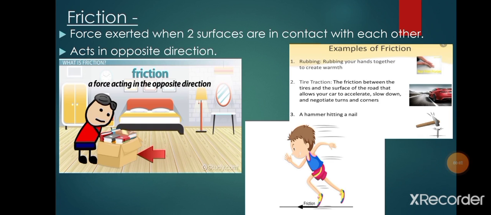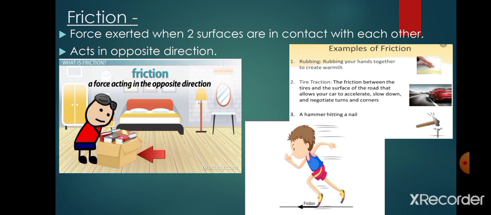Friction. What is friction? Friction is a force exerted when two surfaces are in contact with each other. Friction acts on all moving objects, but the direction of the force of friction is always opposite to the direction of the moving object.